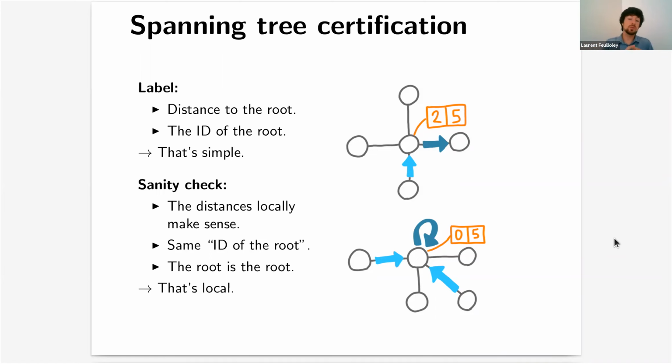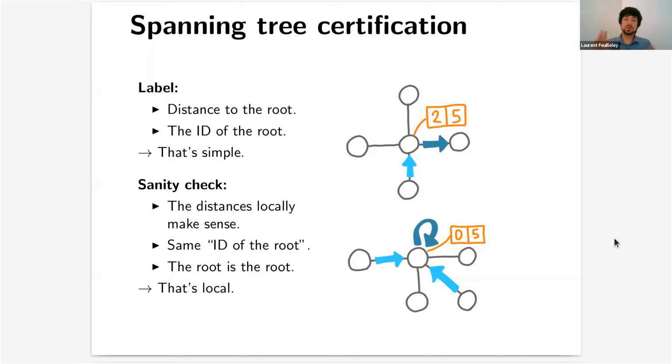So that's one piece of information that you can write in memory, and the second is to just keep the ID of the root. So if the root has identifier 5, then I want this 5 to appear as the second field of the label. And what's good about this is that it doesn't take a lot of space in memory. That's basically log n, where n is the size of the network. You have a distance and an ID that is supposed to be encoded on log n bits.